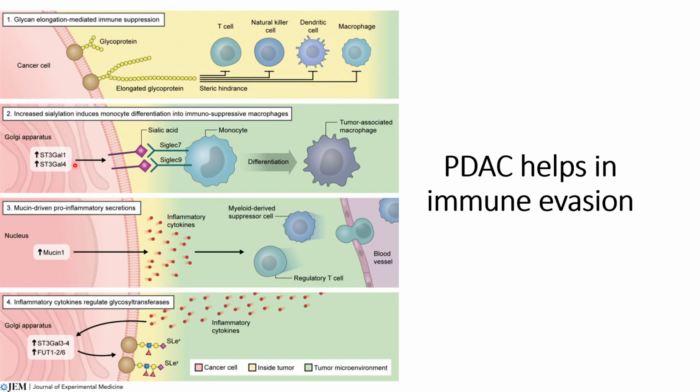Next, because of the overexpression of sialic acids at the cell surface, due to the upregulation of ST3GAL1 and GAL4, these sialic acids can act as a ligand for the Siglec-7 and Siglec-9 receptors found on monocytes. These interactions help in the differentiation of monocytes towards the M2 phenotype, which acts as a tumor-associated macrophage.